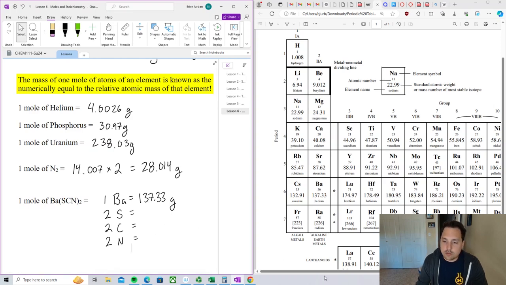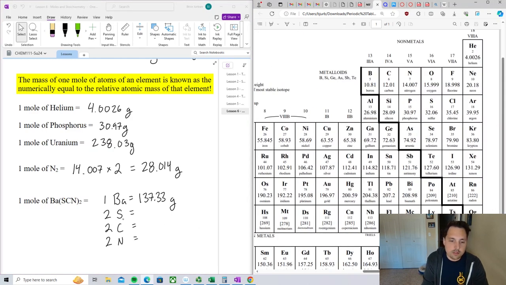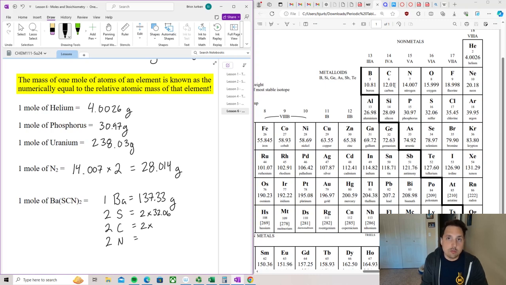All right, so sulfur is going to be over here. So we have 2 times 32.06. We have 2 carbons. Now, carbon 12 is 12.00, but the average atomic mass of carbon includes some carbon 11. So that's why this is slightly over 12.00. And then the nitrogen here is 14.007.